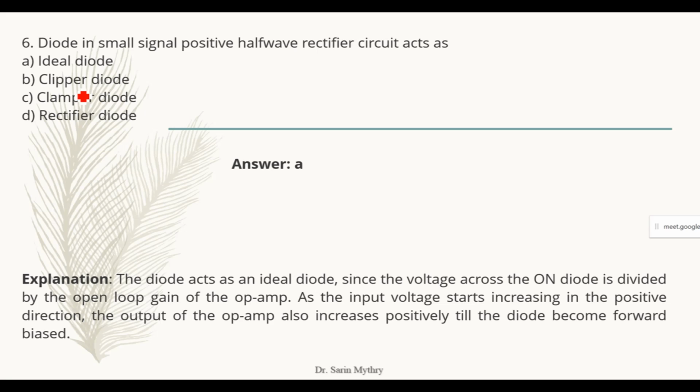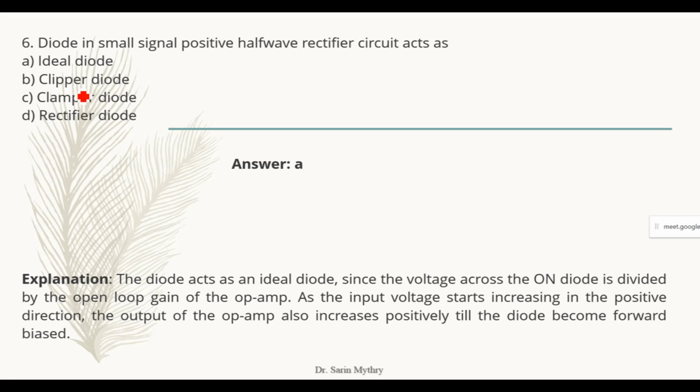It's an op amp which is connected with a diode. If the input voltage is increasing, the output also increases, because of amplification. The diode is triggered only when the input voltage reaches the cut-in voltage of the diode.